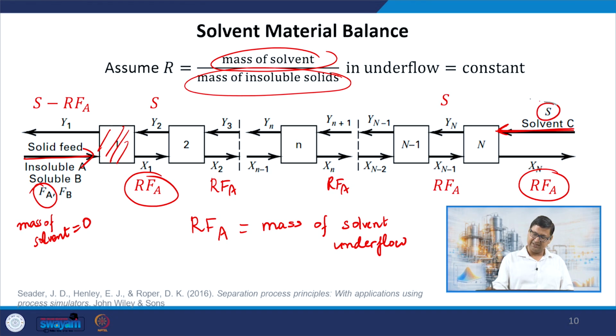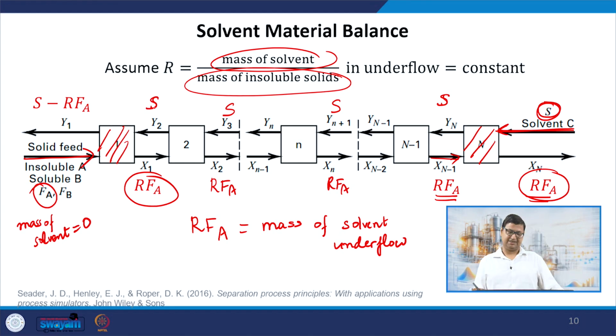When it is entering, the mass flow rate of solvent is S, and for the underflow there is no change. The RFA solvent came and RFA solvent left. So the same S gets into the n minus 1th stage, and the same S keeps on moving in the overflow until it reaches the first stage, right?